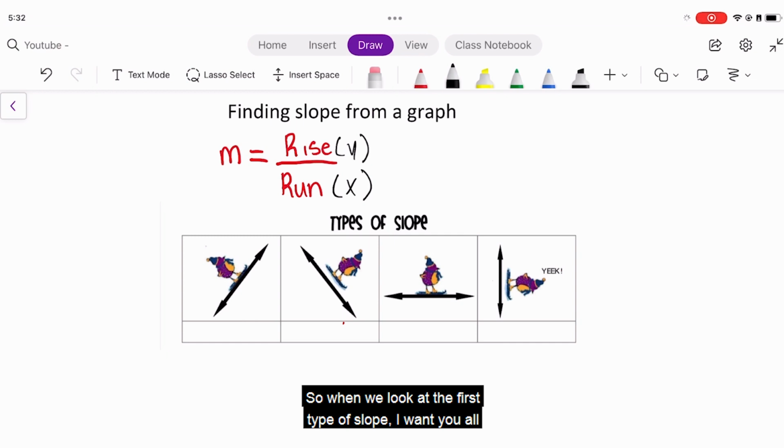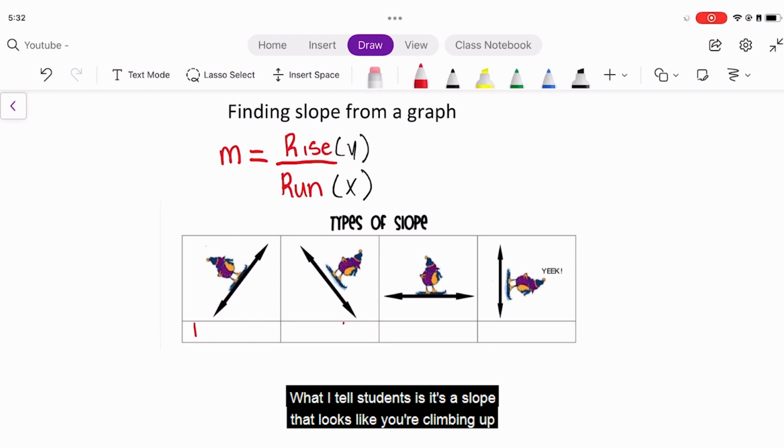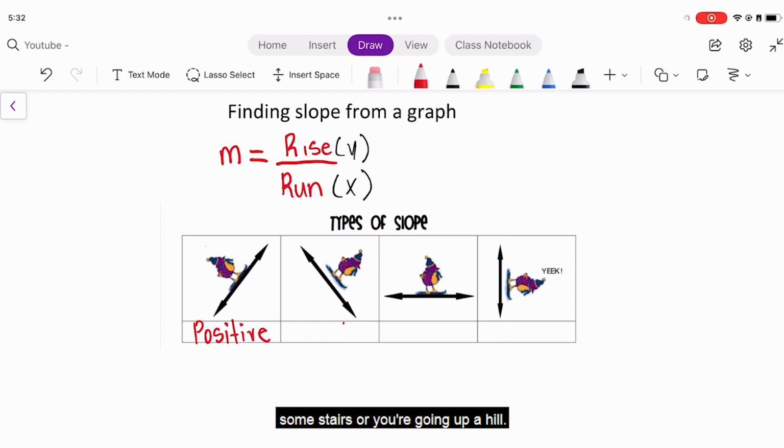So when we look at the first type of slope, I want you all to understand that this is a positive slope. And positive slopes, what I tell students is, it's a slope that looks like you're climbing up some stairs or you're going up a hill, okay?